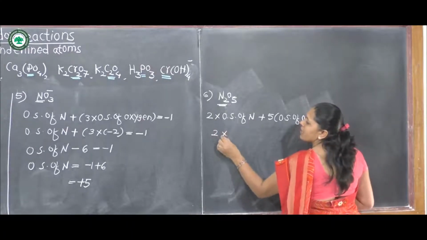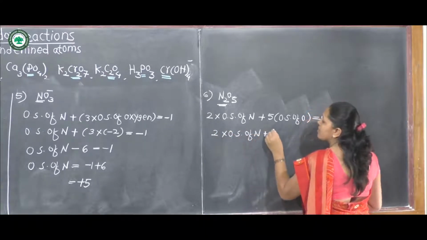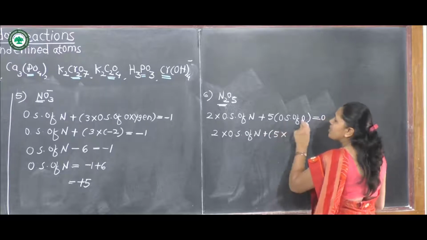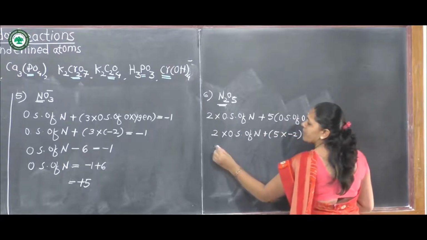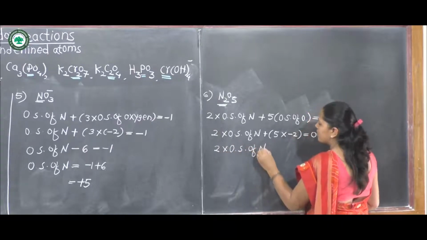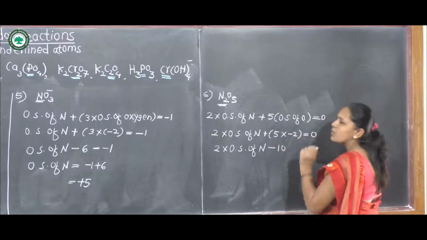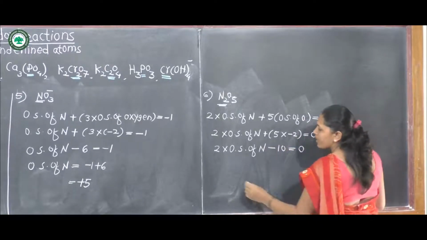2 multiplied by oxidation state of nitrogen plus 5 multiplied by oxidation state of oxygen, which is minus 2, is equal to 0. 2 multiplied by oxidation state of nitrogen minus 10, 5 multiplied by minus 2 is equal to minus 10, is equal to 0.